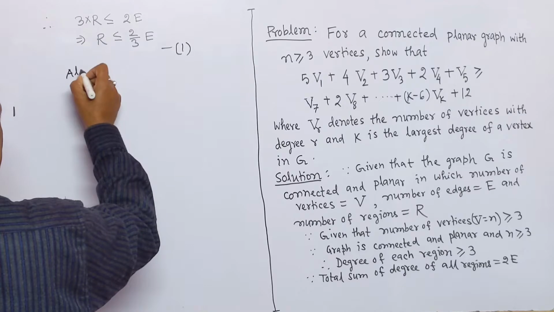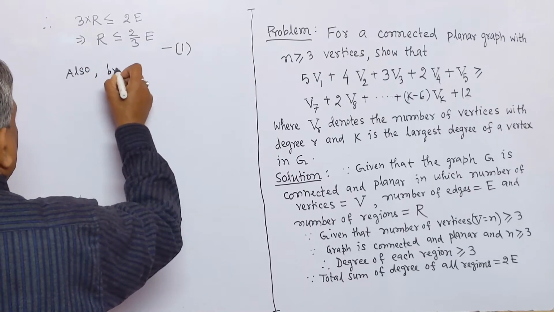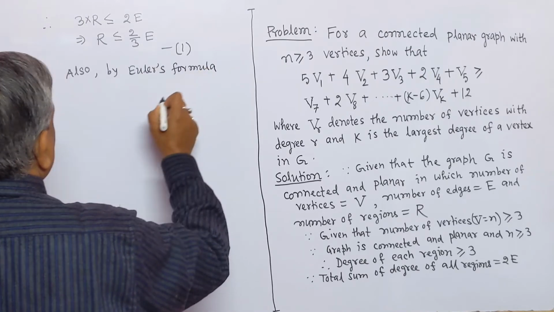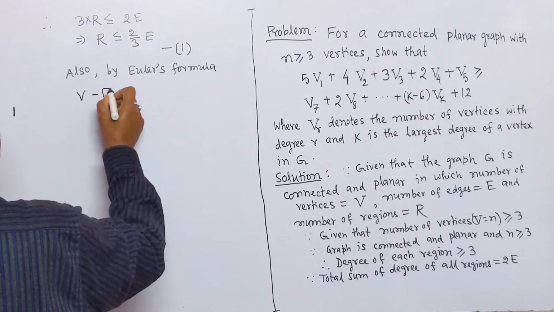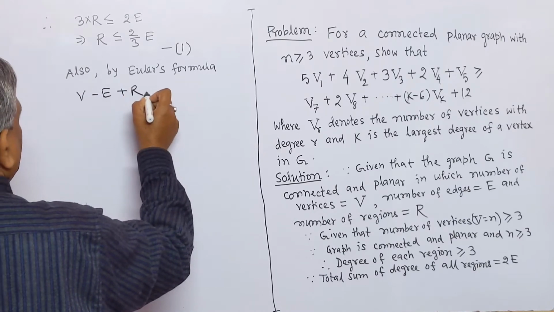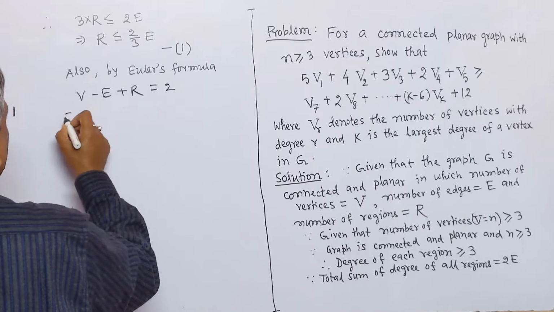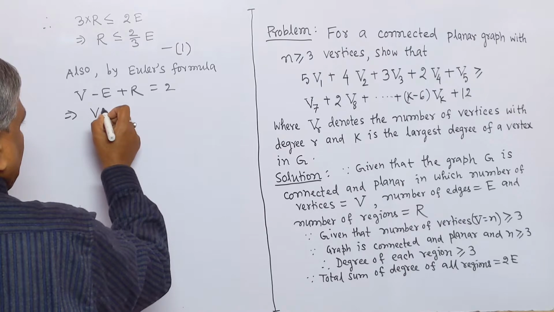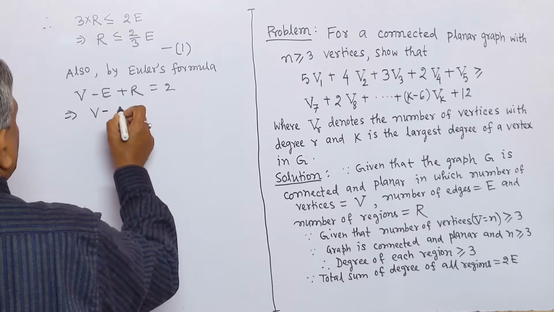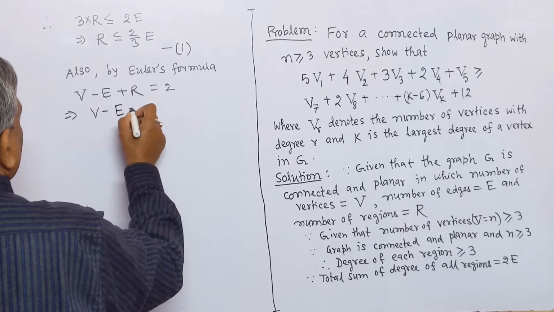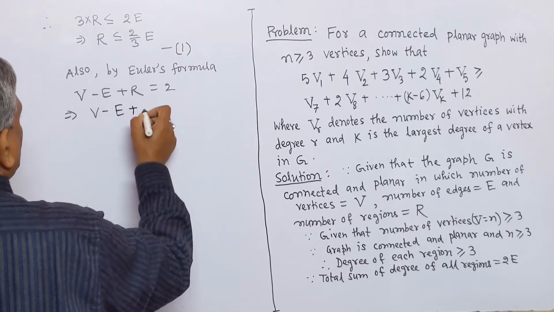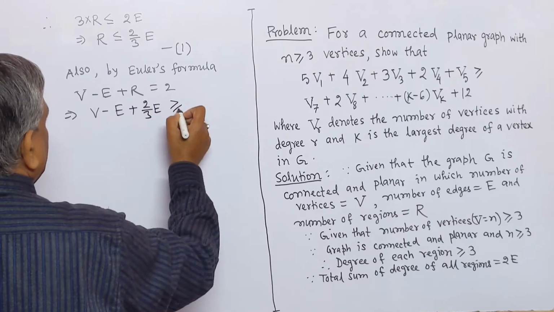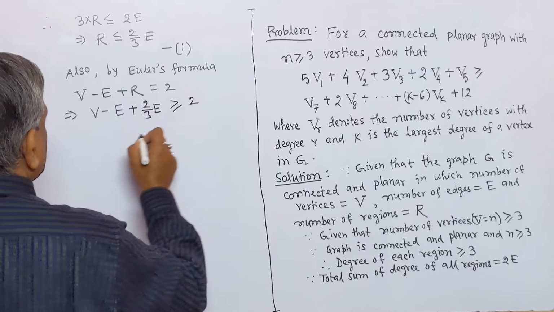Also, by Euler's formula, V minus E plus R equals 2, which implies that V minus E, in place of R, if we write 2/3 E, then the left side will be greater than or equal to 2.